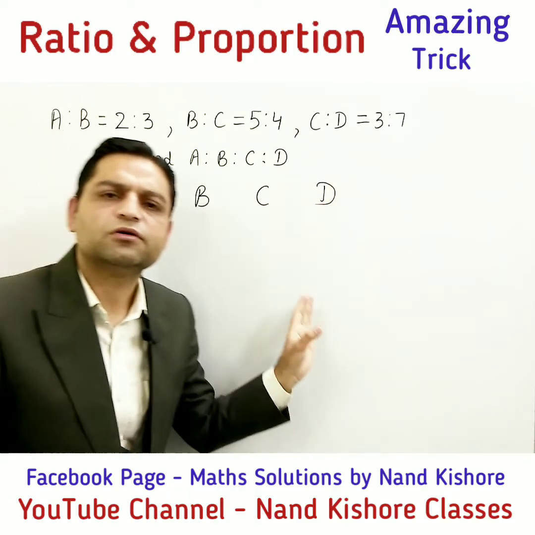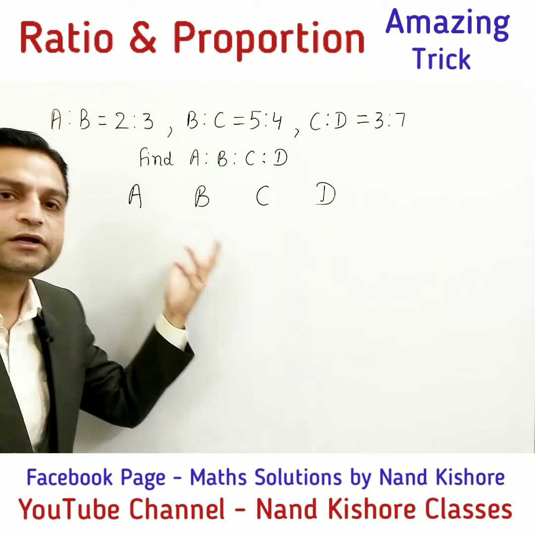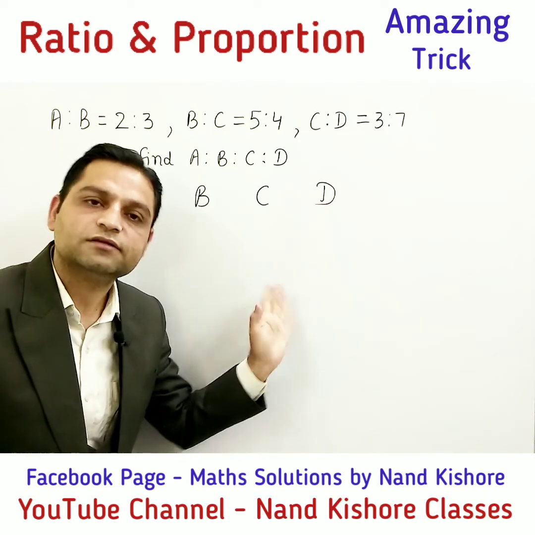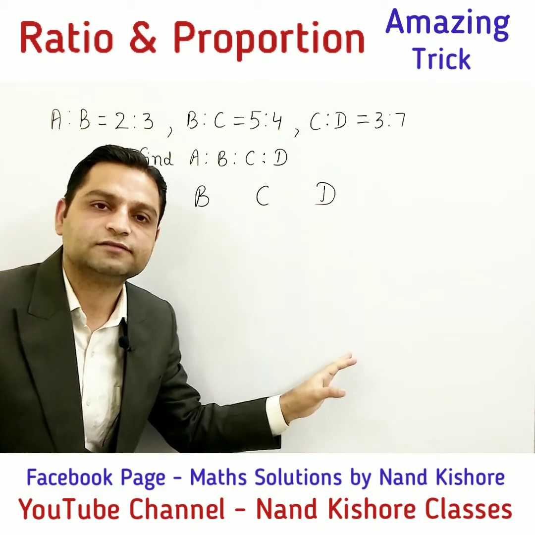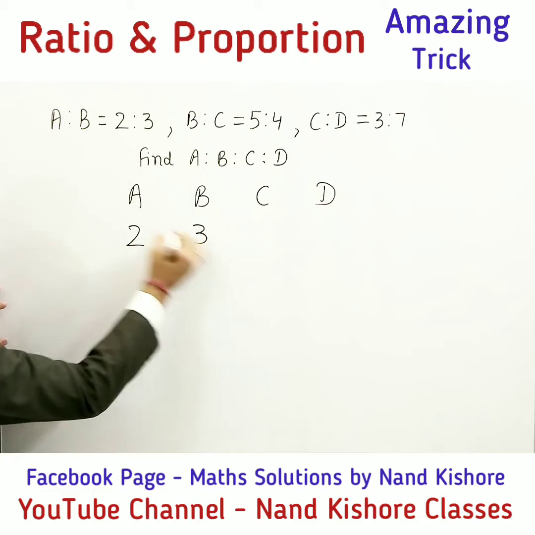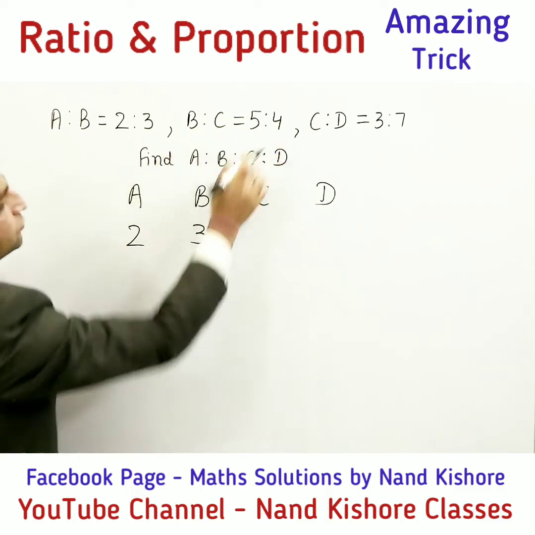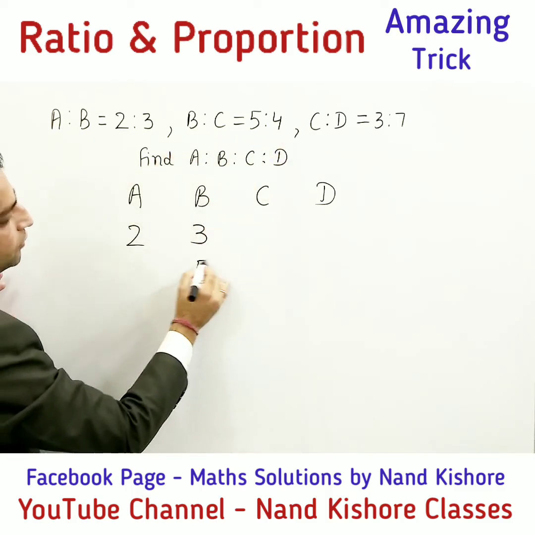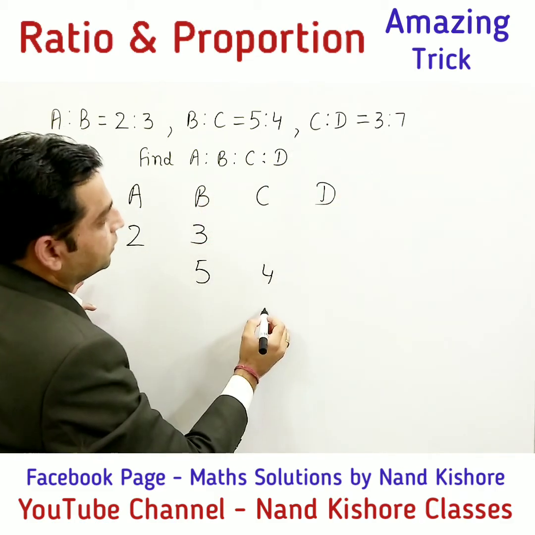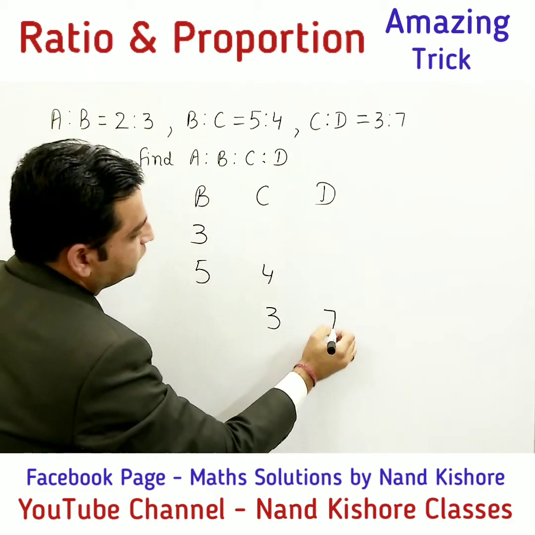Make sure you need not do this kind of writing in competitive exams; this is just rough work to get the final answer. So A ratio B is 2:3, B ratio C is 5:4 and C ratio D is 3:7.